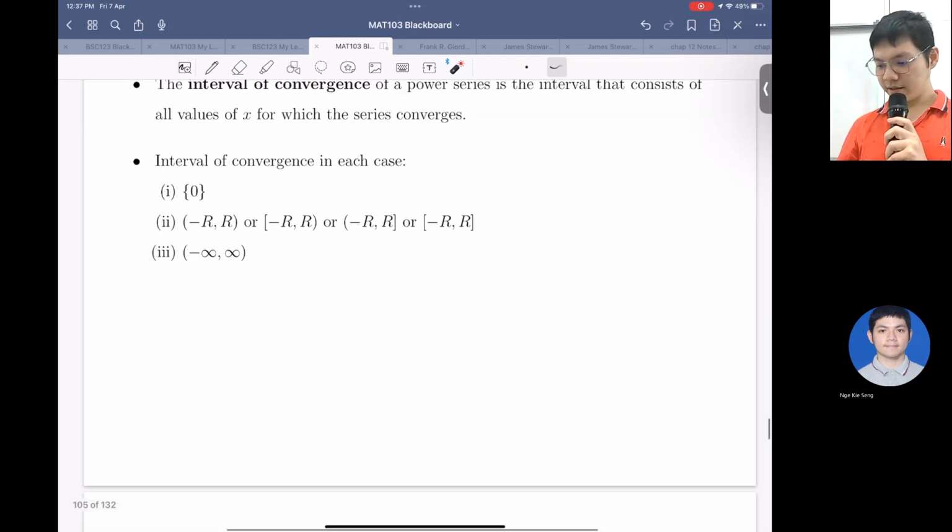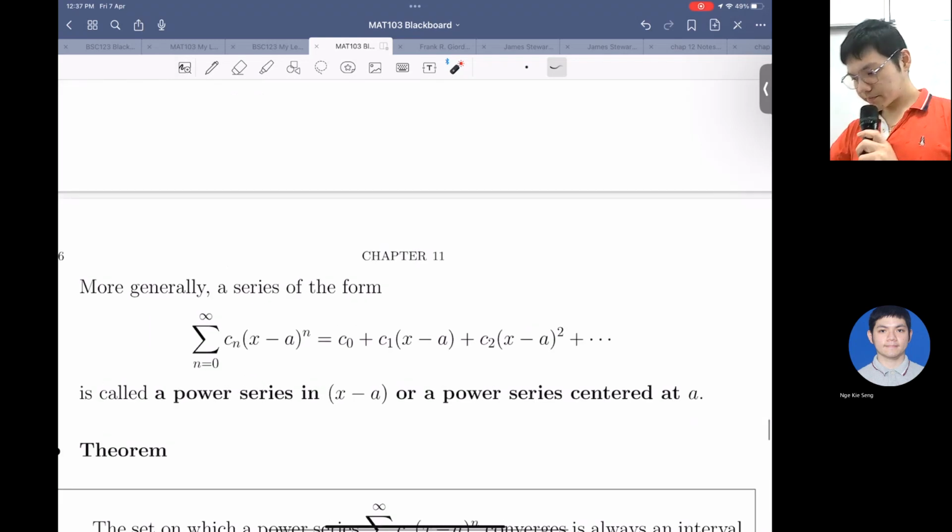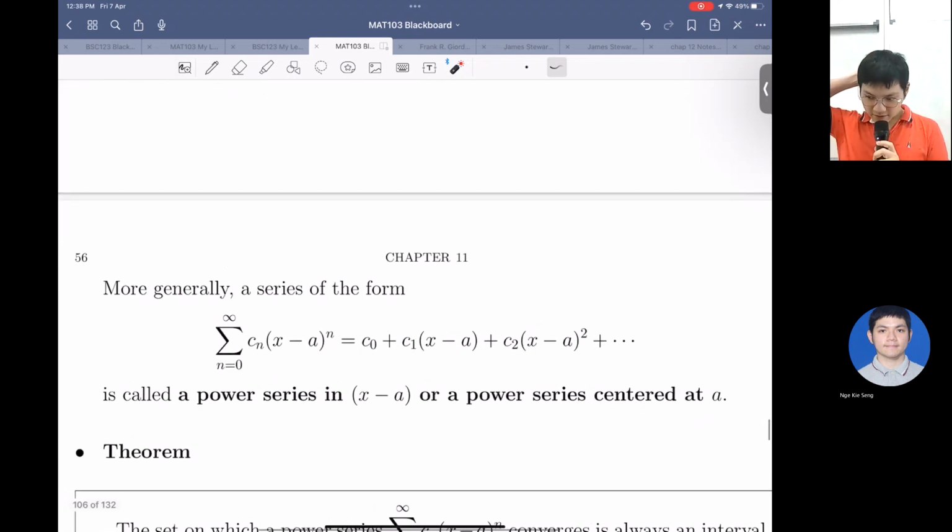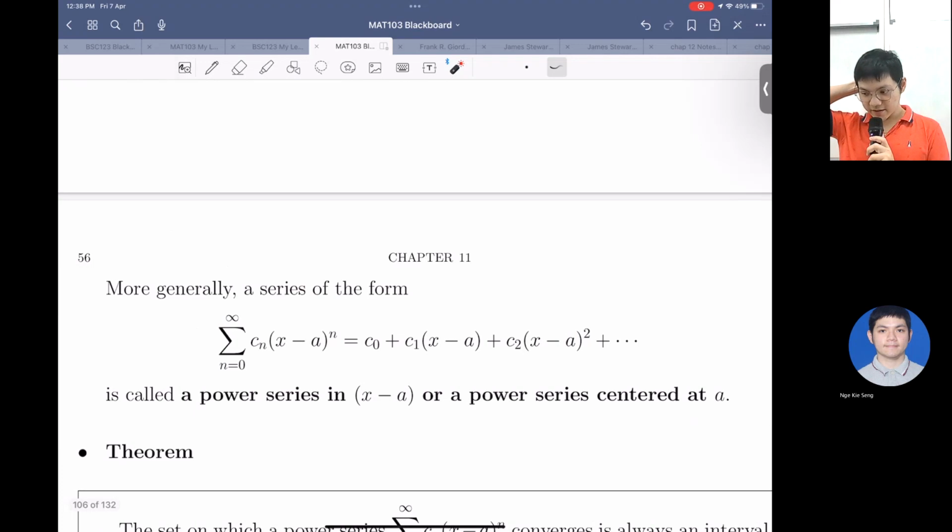It's just a summary. So next is this power series here. So a power series centered at a. So we move the center to a by taking x minus a.